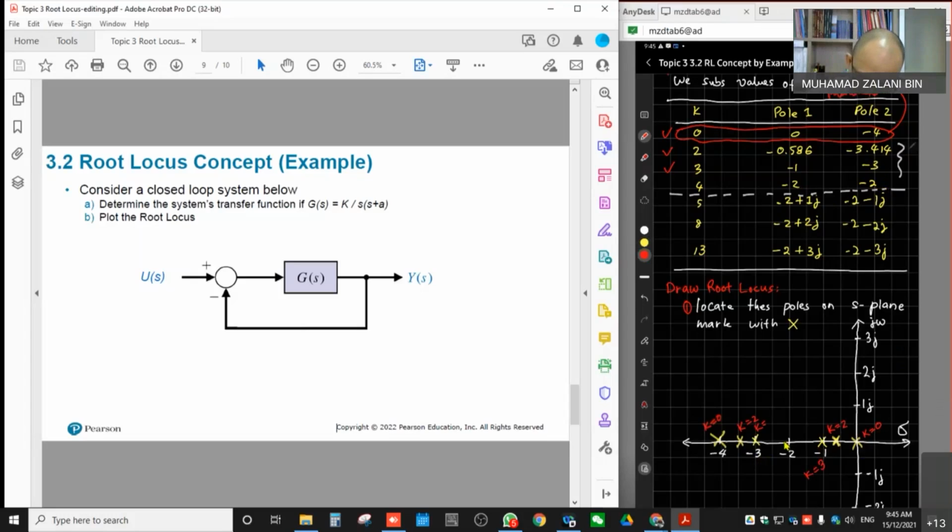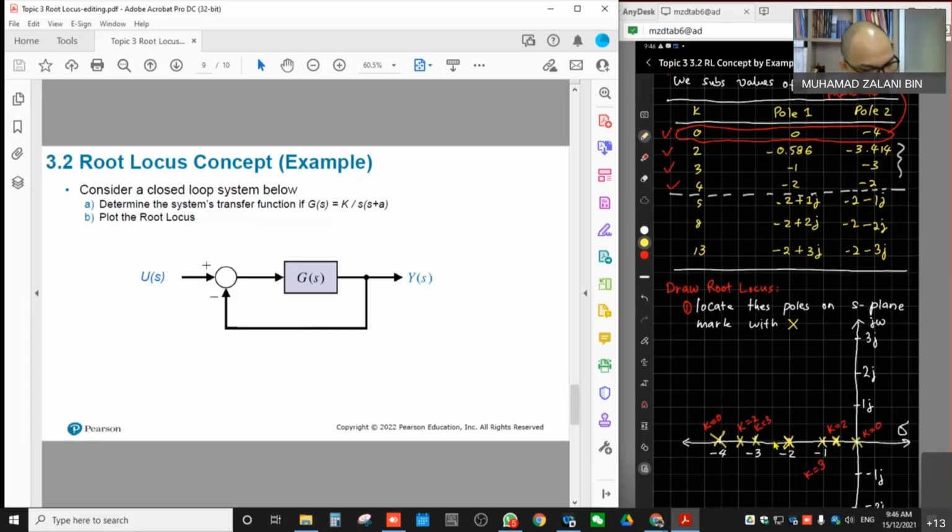That one also K equals to 3. For the fourth one, K equals to 4 is negative 2 and negative 2. So for the fourth one, actually we have 2 pangkah here. 2 cross. Because negative 2 and negative 2. Okay? 2 poles. That is redundant. Alright?